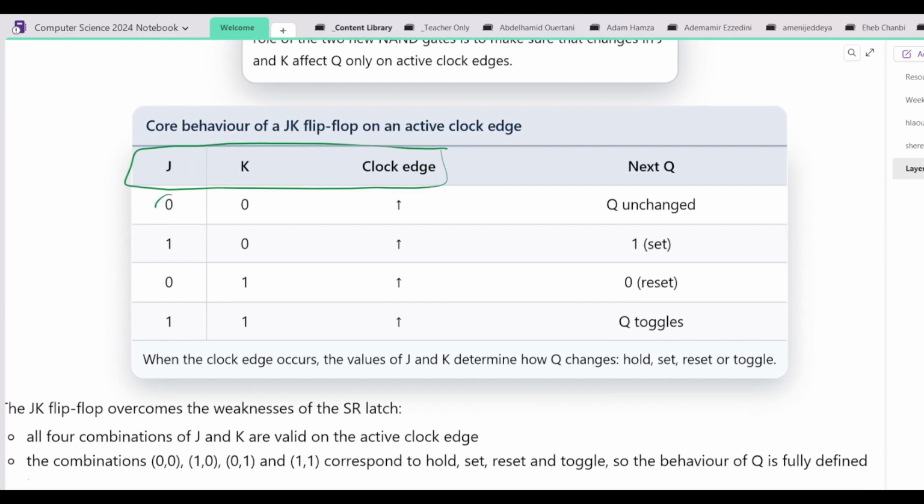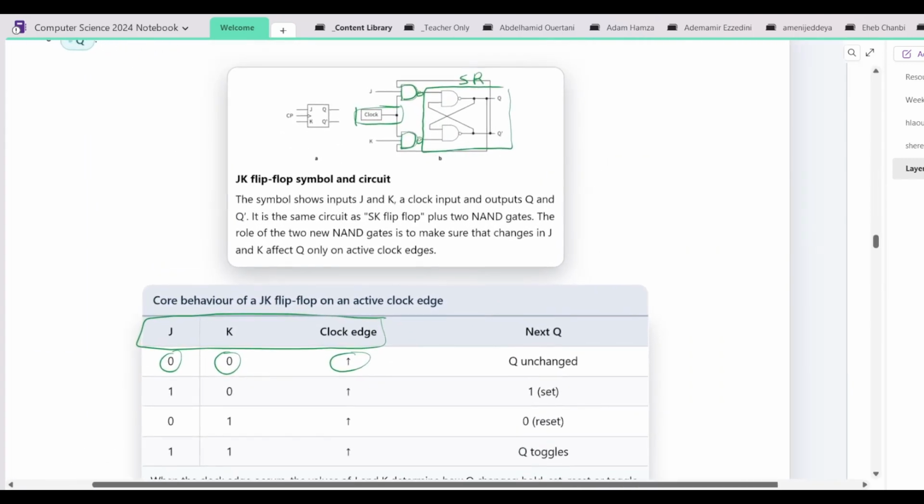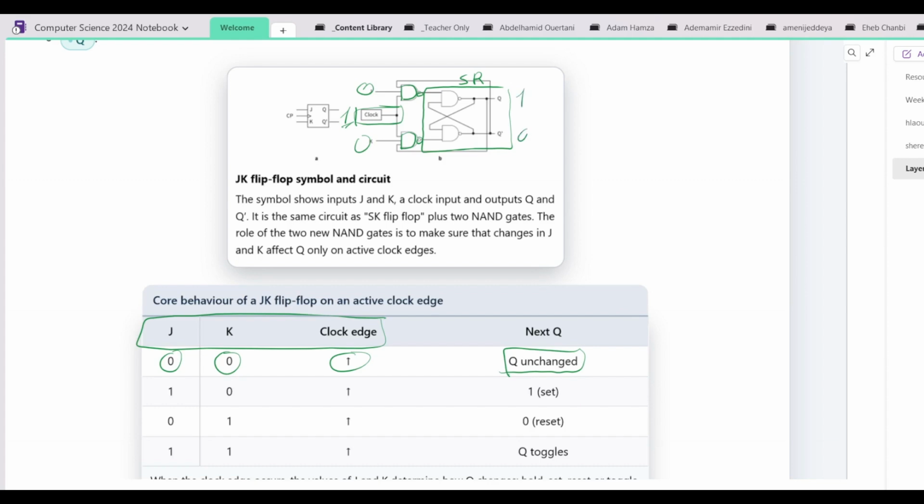If J and K are 0 and the clock is 1, meaning 0 0 1 as inputs, Q remains unchanged. If it was 1 0 it stays 1 0, if it was 0 1 it stays 0 1. If J is 1 it is set. If J is 1 and K is 0.